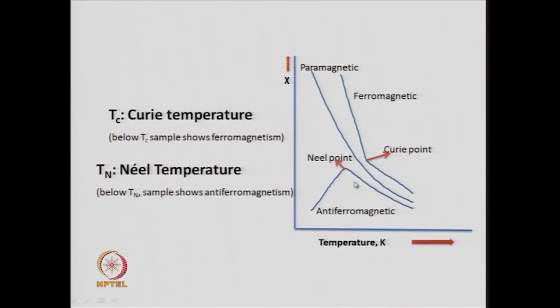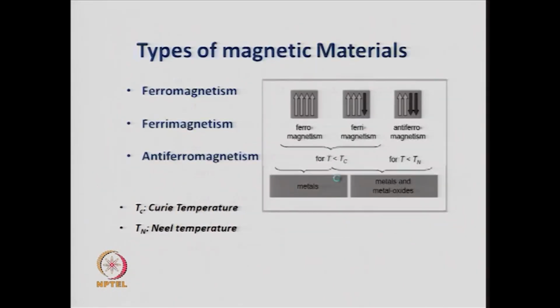In the antiferromagnetic substance, the paramagnetic behavior is there till this temperature, which is called the Néel temperature, corresponding to the sudden change in the magnetic susceptibility. This sudden change below this temperature is due to the ordering of the dipoles in such a manner that they are opposing each other.